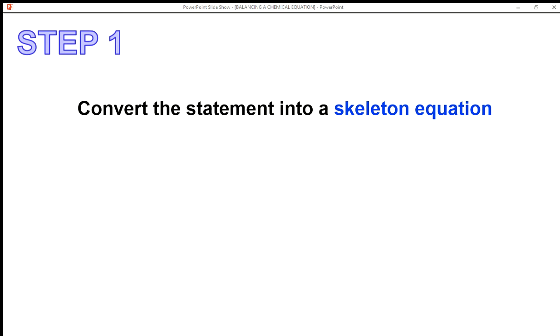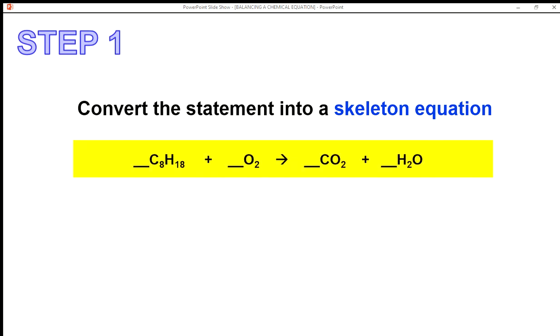So we have octane and oxygen, both of these are the reactants, and the products are carbon dioxide and water. Of course, to balance an equation requires coefficients. Right now we do not know yet what the coefficients are for each of these components in this equation. So this is the first step.